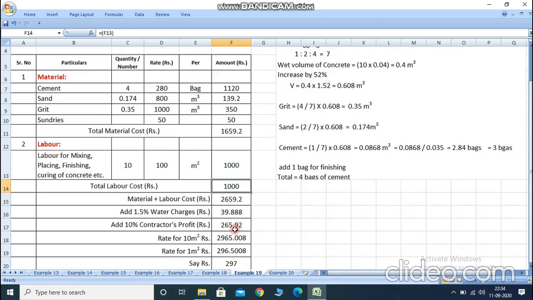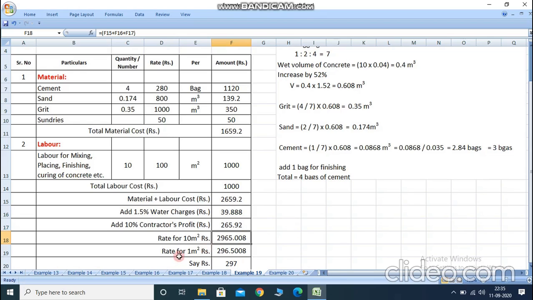Now the rate for 10 meter square IPS work is the summation of material cost plus labor cost, which is 2659.2, and 1.5% water charges is equal to 39.88, and the contractor profit is 265.92. So the summation of all these three values, we got the final answer 2965.008.